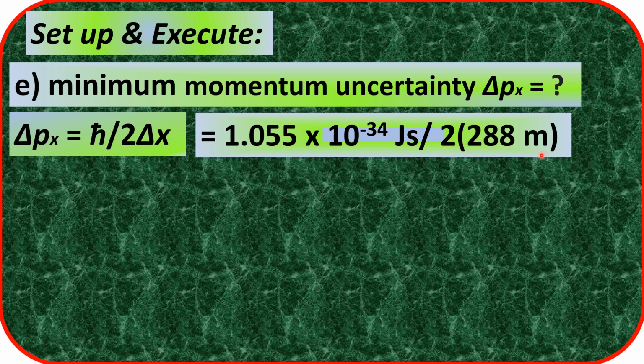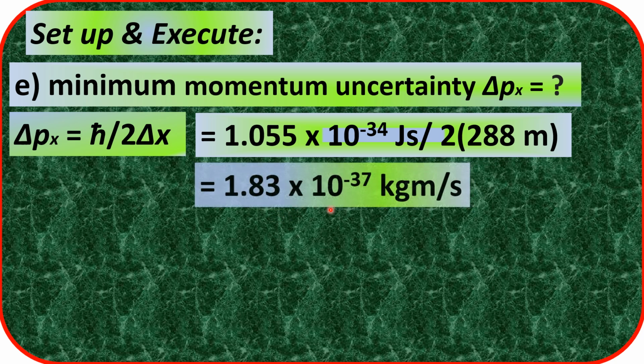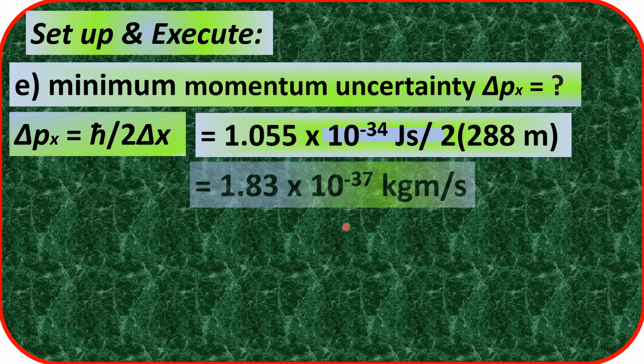And doing our math, we get the value of delta p sub x equal to 1.83 times 10 to the negative 37 kilogram meter per second.